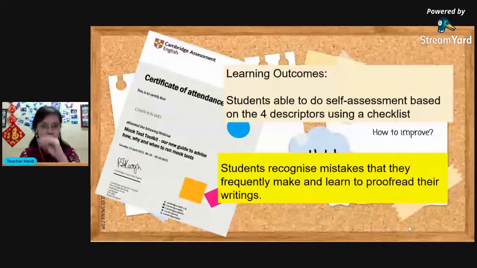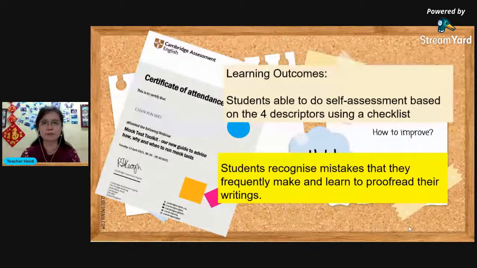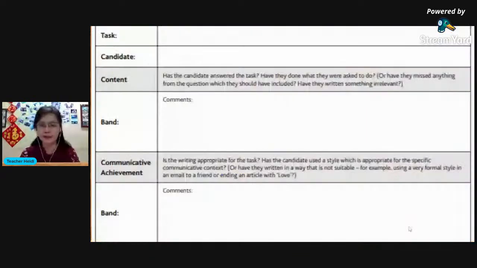I have done a test with my students, and I have taken their essays and used them as a platform for my analysis and to help my students improve their writing. Okay, let's move on.